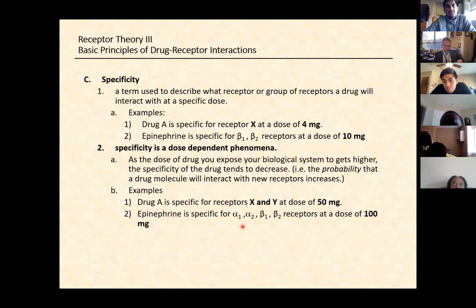And then specificity will tell you something about the specific individual receptors that drug will interact with at a given dose. Alpha and beta are 2 groups of receptors. If a drug is selective for beta receptors, maybe it only interacts with beta 1 and beta 2, but not beta 3 and beta 4. So it's specific for beta 1 and beta 2. Okay. Make sense?